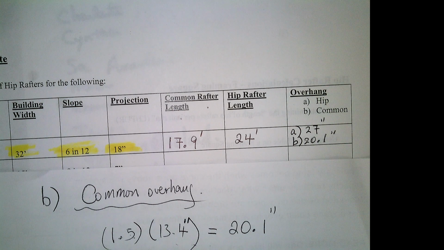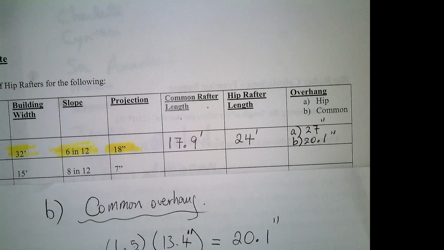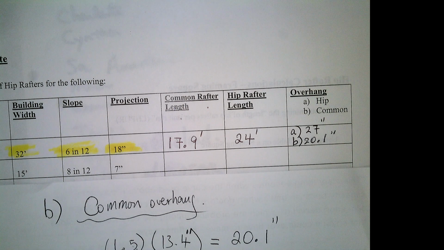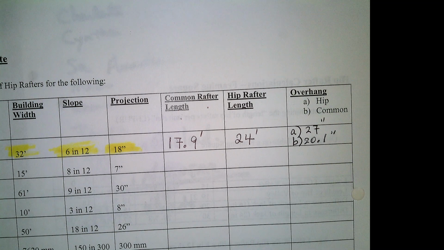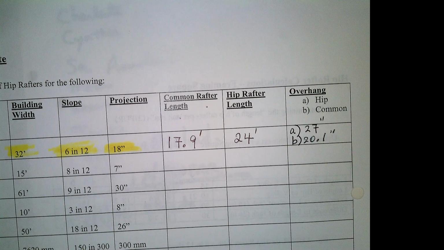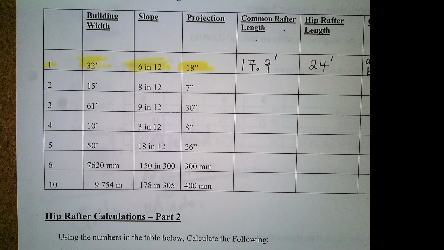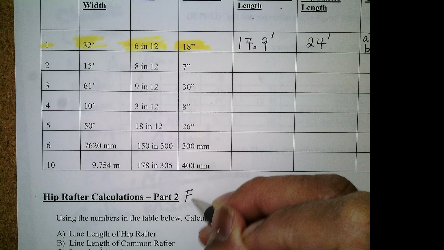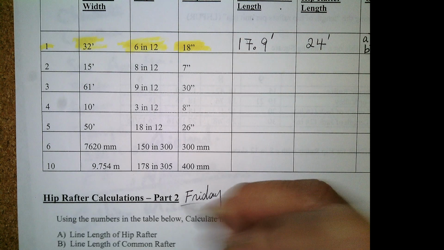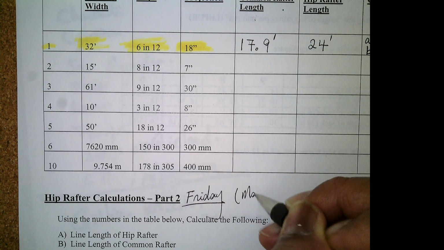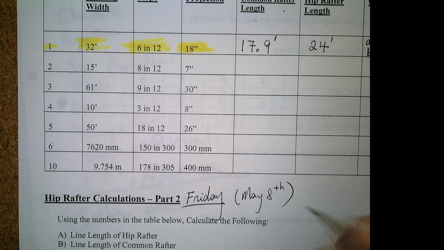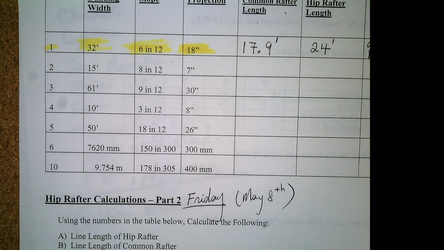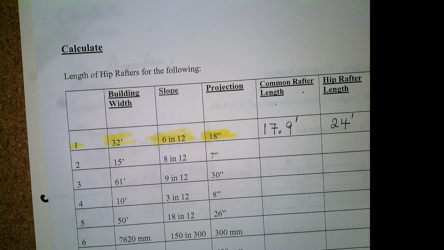On Friday, May 8th, I'm going to go over the table and the hip rafter calculation part 2. So you have all the time until Friday to finish all these 7 questions.